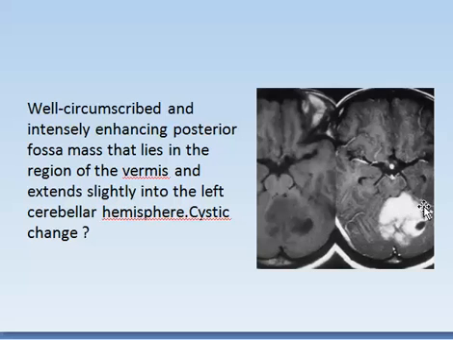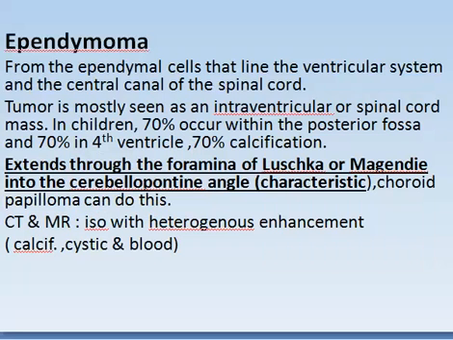Here there is some extension, which shows cystic changes and necrotic changes as well. This is medulloblastoma, and as we said, 1/3 of cases at time of diagnosis will show leptomeningeal seeding.